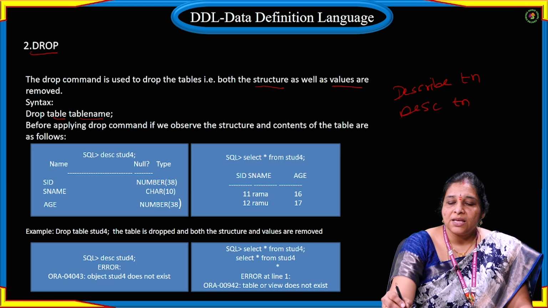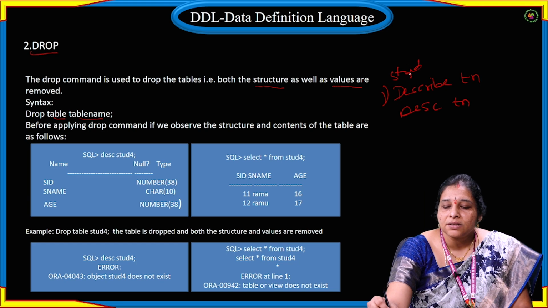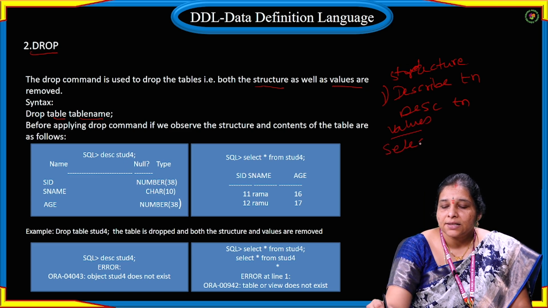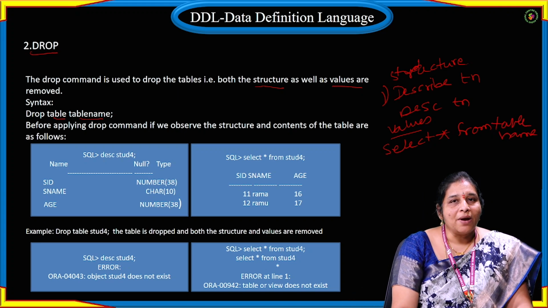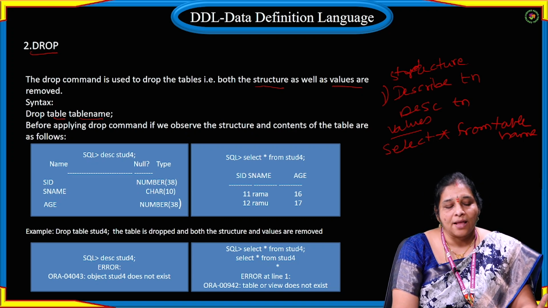And in order to see the values, the command is select star from table name. So, this drop command is trying to remove both the structure as well as the values from the table. So, the table no longer exists in the memory.